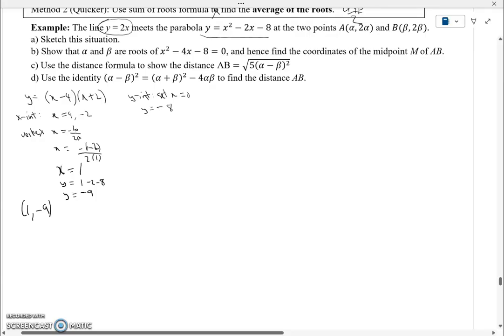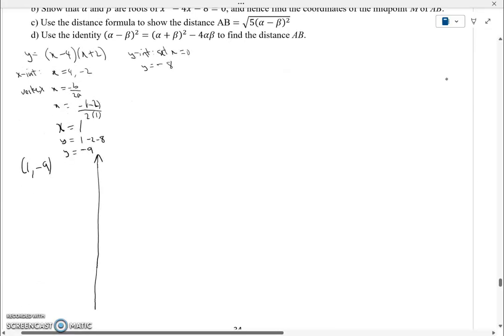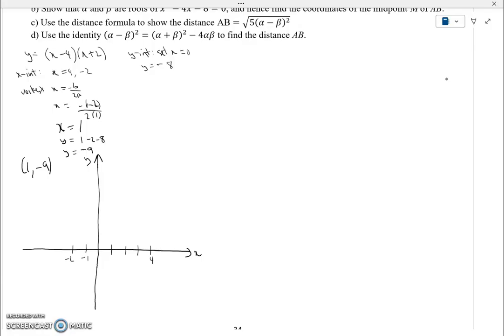All right, I think I have enough information to sketch. Should probably draw a bigger sketch than this. One, two, three, four. -1, -2. 1, 2, 3. Let's go up by 4s here: 4, 8, 12. Down by 4: -8, -12.